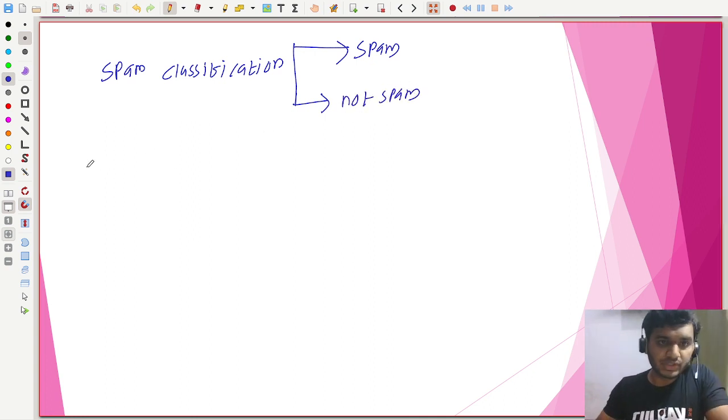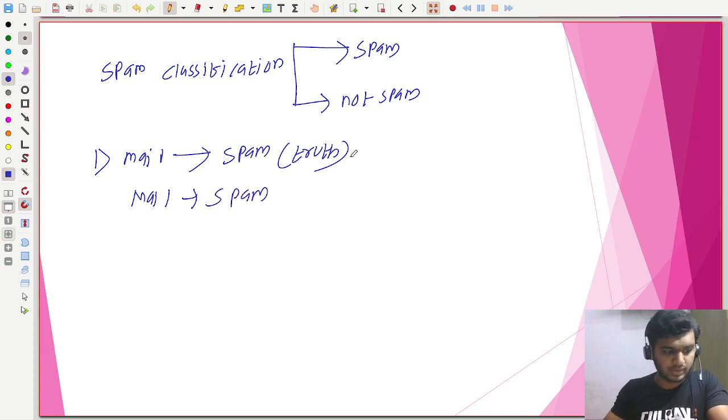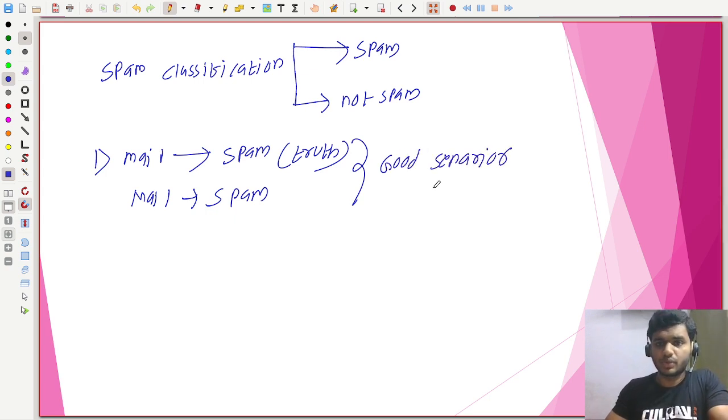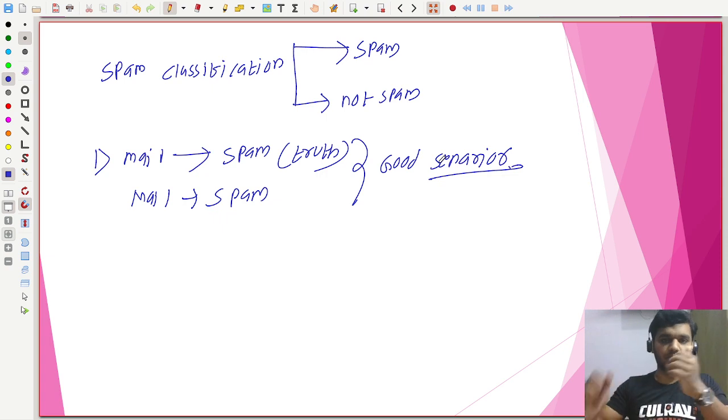Suppose one mail is given and it is spam, that is true. So mail spam, it is a good scenario. Sometimes you notice your mail is not spam, but it goes to the spam folder.